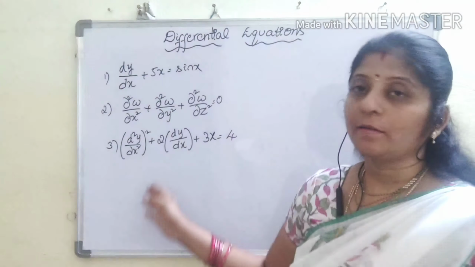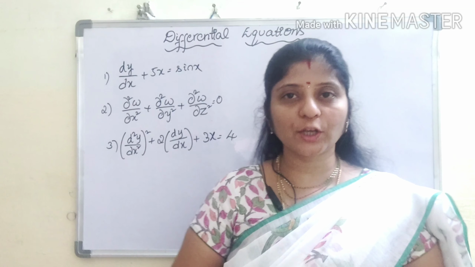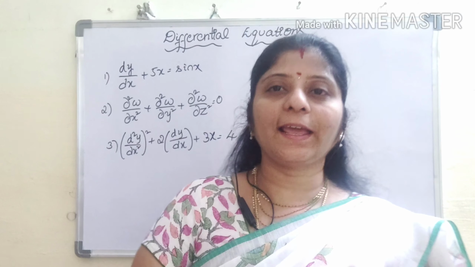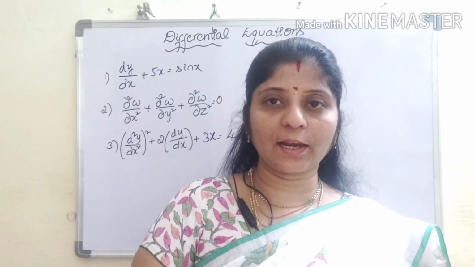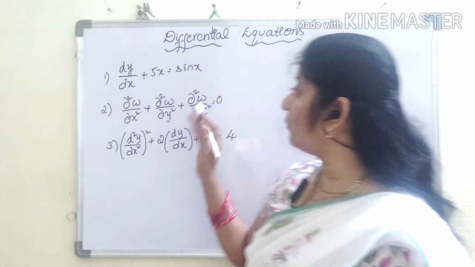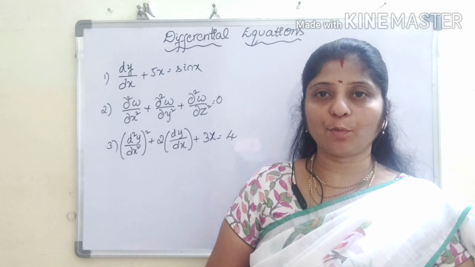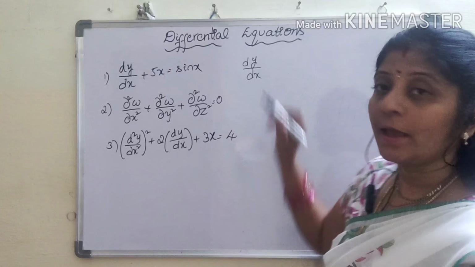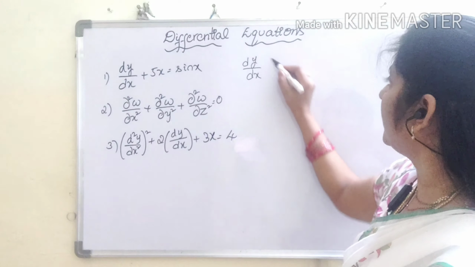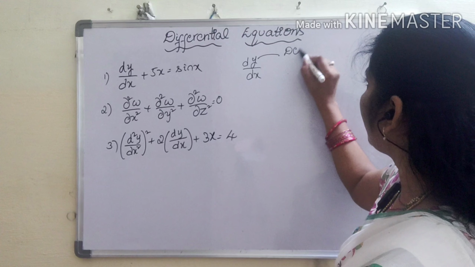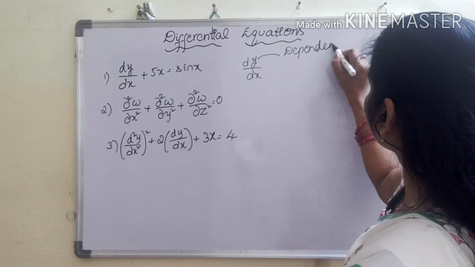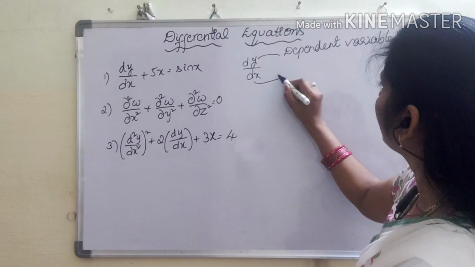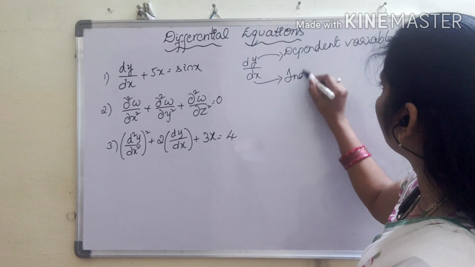So here these three types of differential equations are there. In these differential equations, there is one dependent variable and the derivative of that dependent variable. In dy by dx, here always we will call y the dependent variable and x the independent variable.